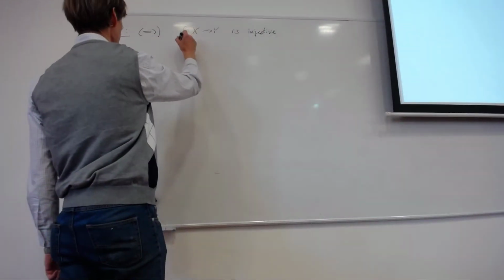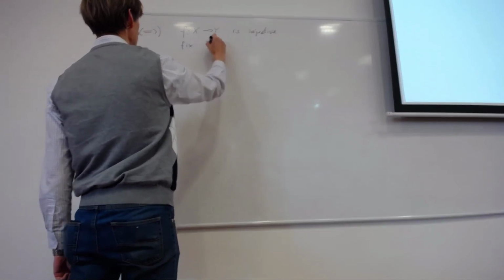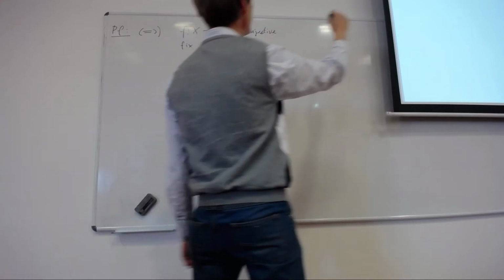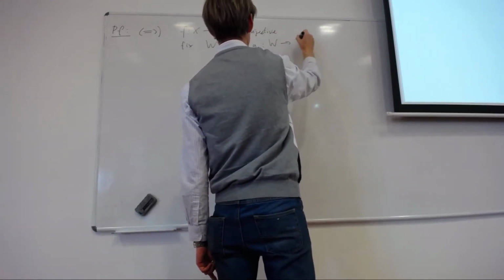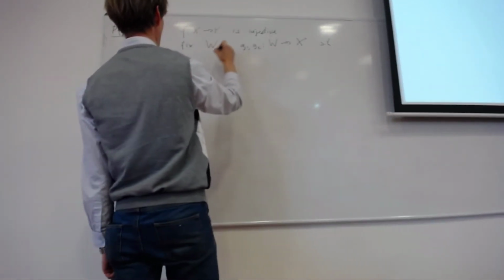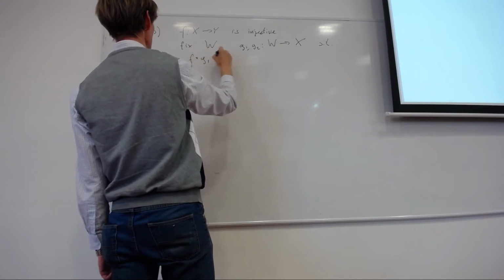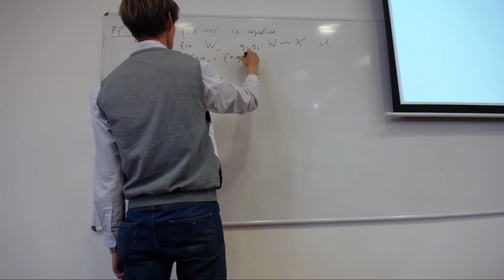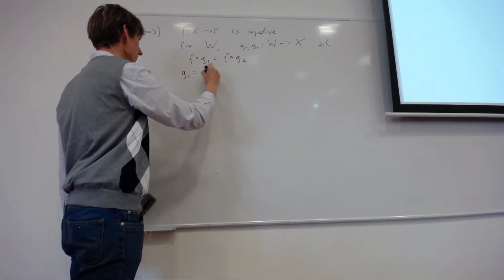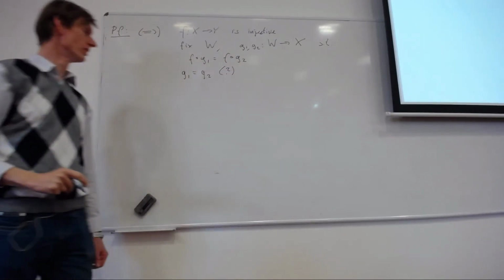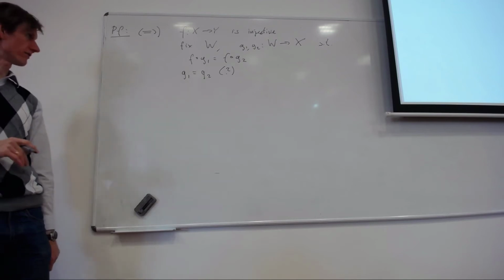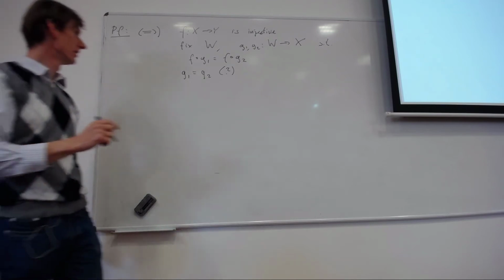So, just fix some set W and some functions g1 and g2 that go from W to X, such that f composed with g1 is the same thing as f composed with g2. And of course, the question is, is it true that g1 is equal to g2? Well, basically we have to make sure that they agree on all values. Yeah, but of course they do.